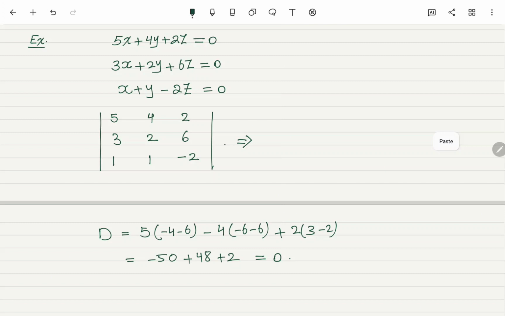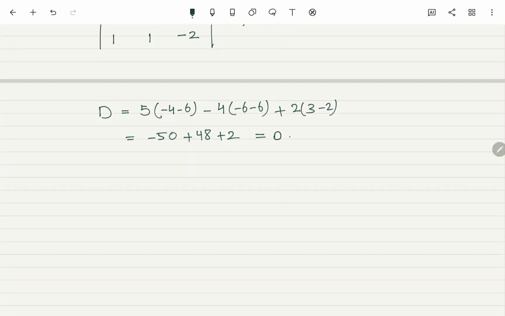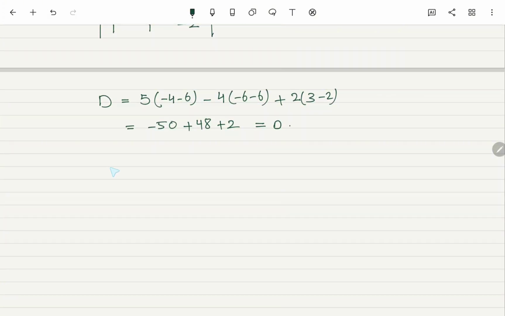Now, to find the non-trivial solution, let's eliminate the z between the first, this one, and second equations. You will get here 6x plus 5y, and this is equal to 0. And upon simplifying this one here, x equal to minus 5 over 6 y.